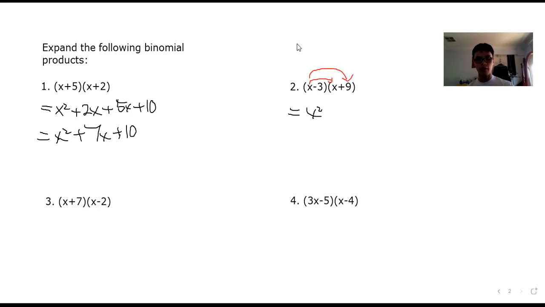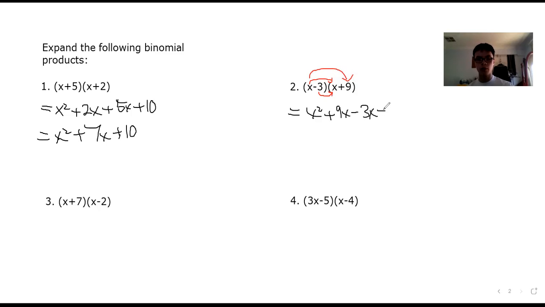So we have plus 9x, and then we multiply -3 and x together. So we have minus 3 times x, so that'd be minus 3x.